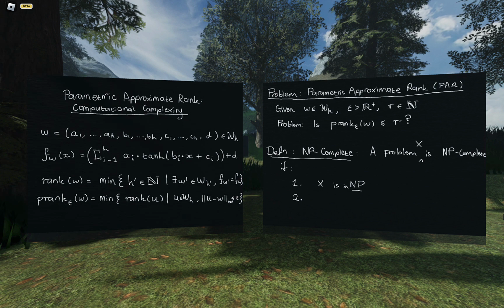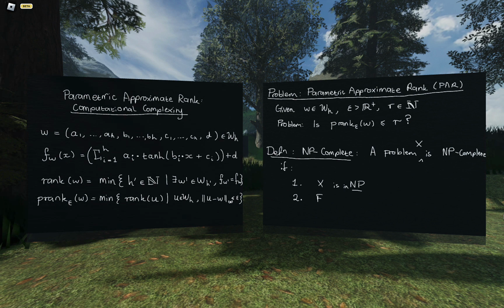Whereas for NP complete, I'm using that more as an adjective, so I say the problem is NP complete. It's basically the same kind of thing. I don't think it's really important to make that distinction as far as I understand. But anyway, there has to be this special property of the problem. It has to be in NP, which stands for nondeterministic polynomial, and I'll clarify that in a moment.